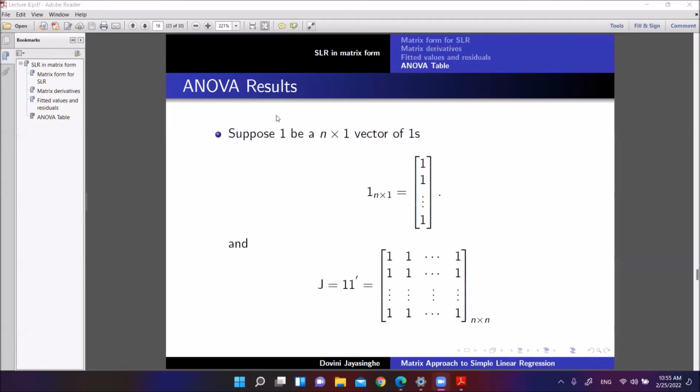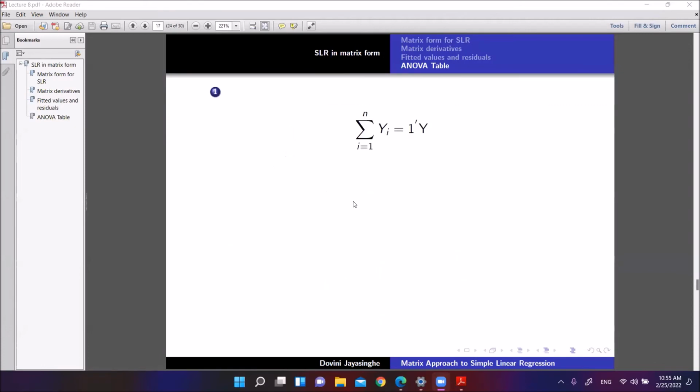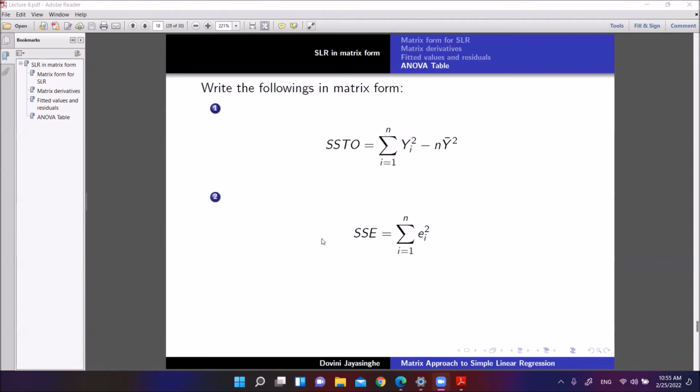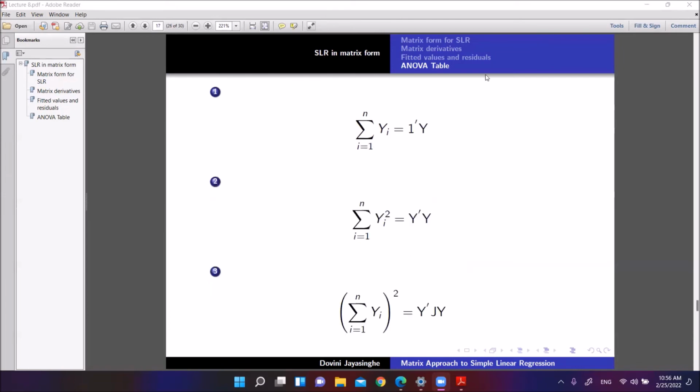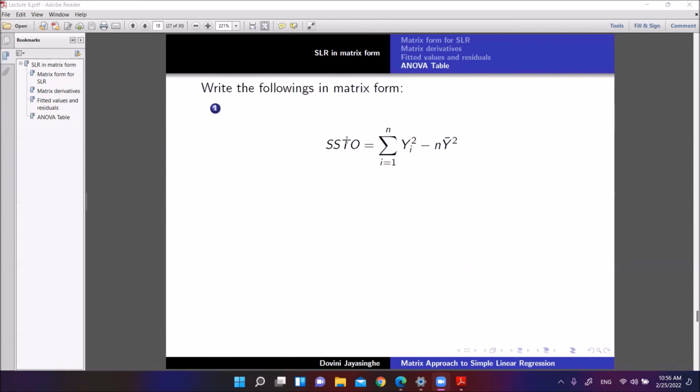Let's do it for homework. Okay, write the following in matrix form. Shall we start doing this? This one, and this one. I'll give you time. By using these, you can play around with things. Try to get the matrix form of these three.